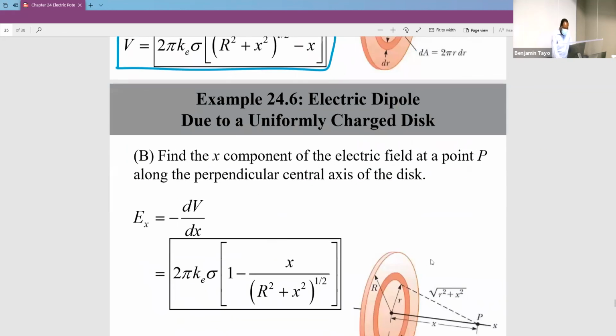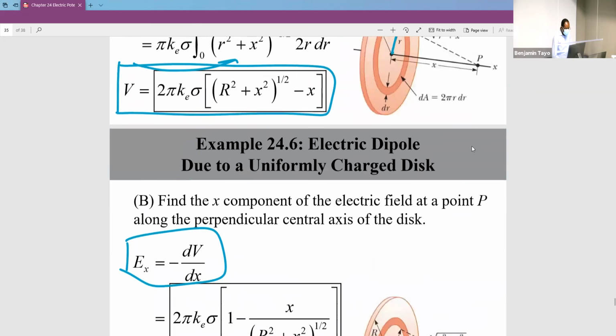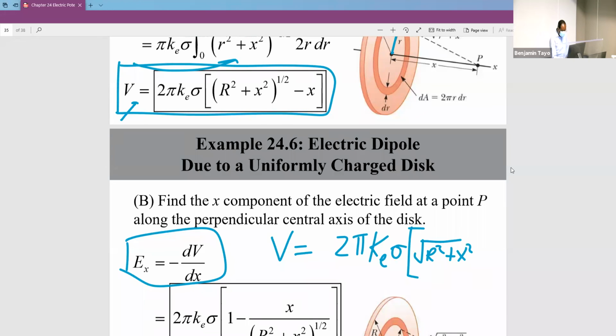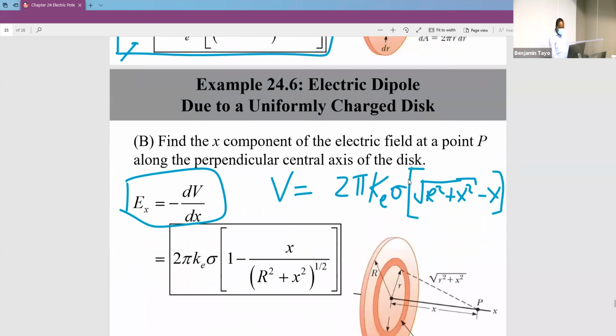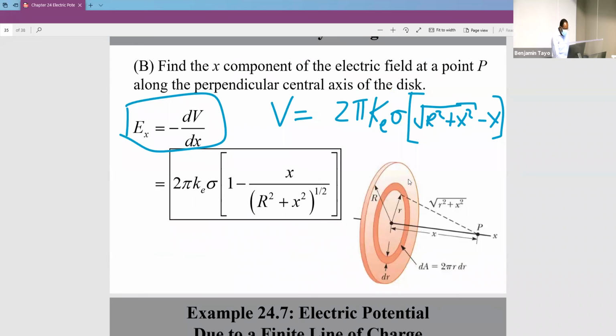And then we can also calculate the x component of the electric field by taking the negative derivative of this value here. For example, if V is equal to 2 pi KE sigma times the square root of R squared plus x squared, all of this minus x, and you take the negative derivative of that, you should get this value right there.